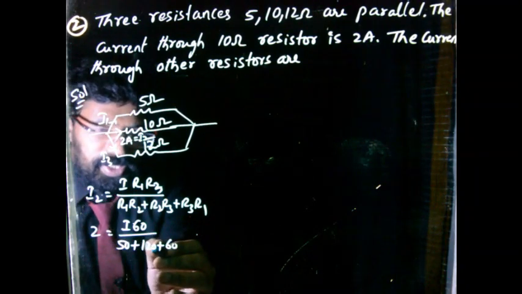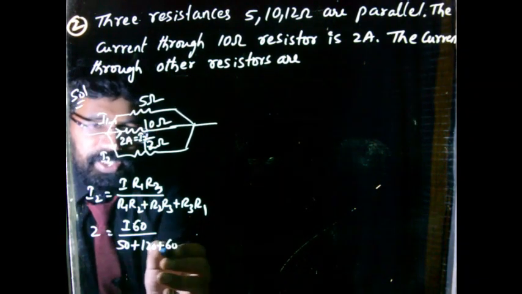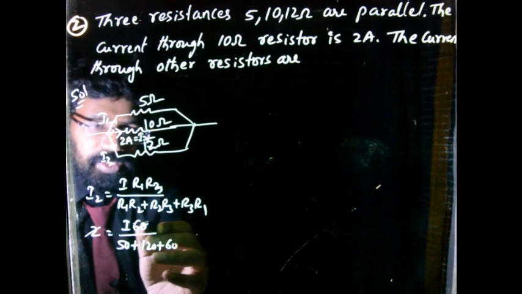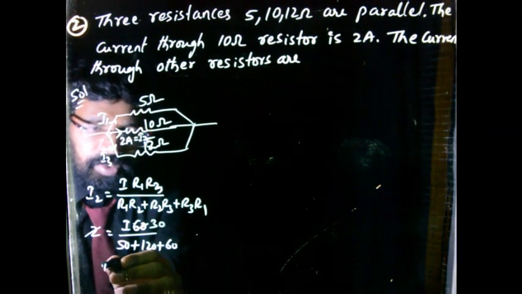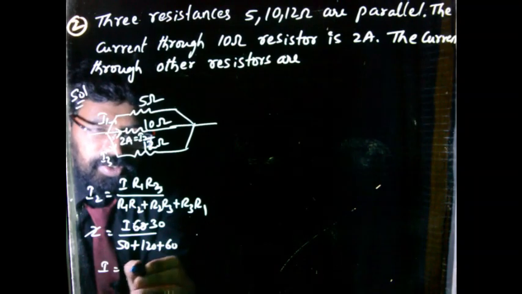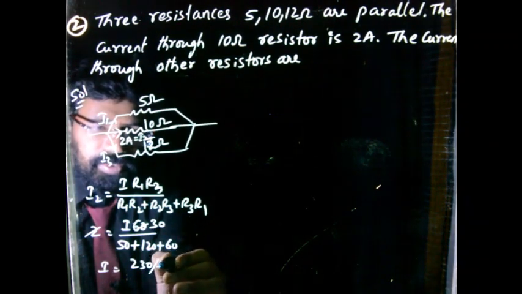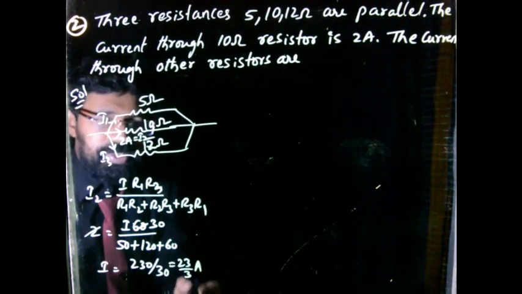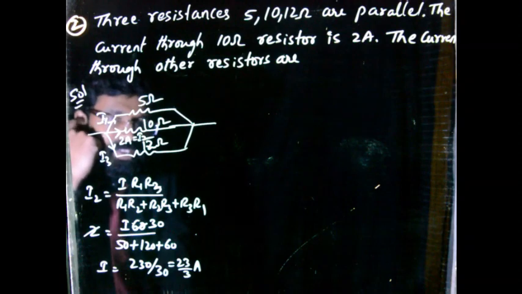So 50 plus 120 is 170, plus 60 is 230. 230 into 2, or you can do like this, 30. Therefore I is equal to 230 divided by 30. So what you will get, 23 by 3 amperes. So this is the total current in the circuit.